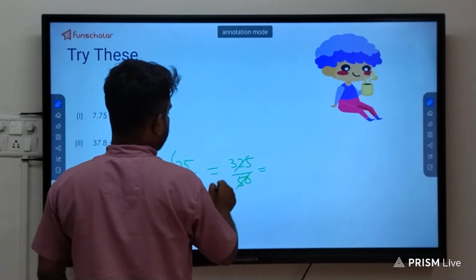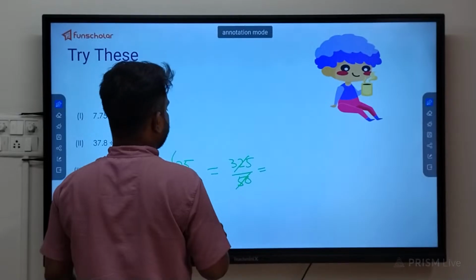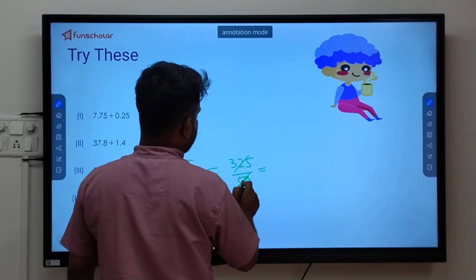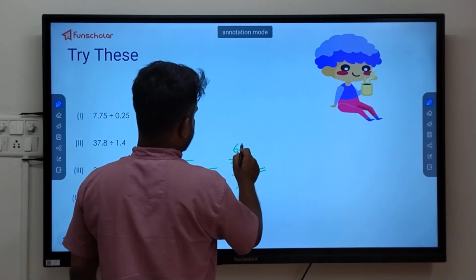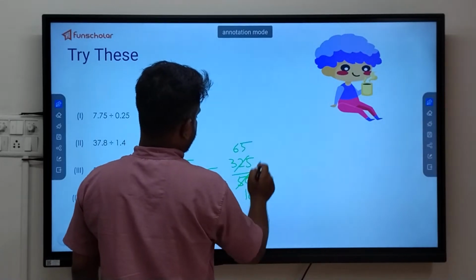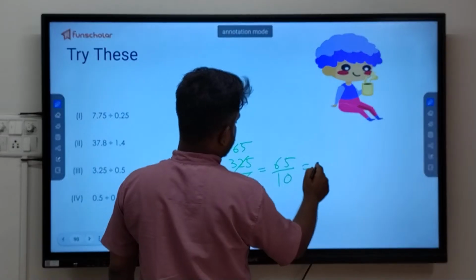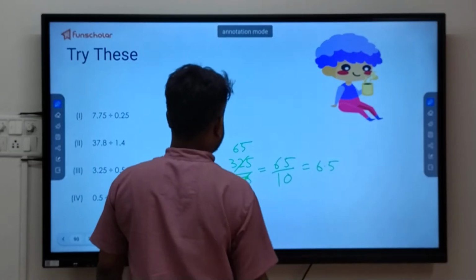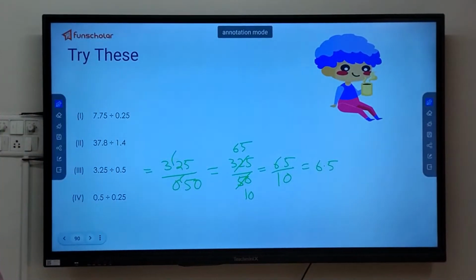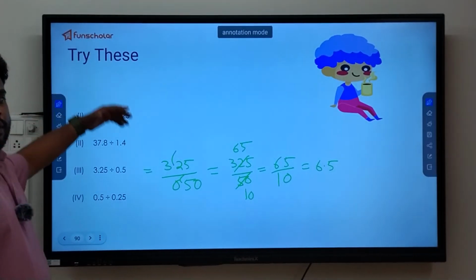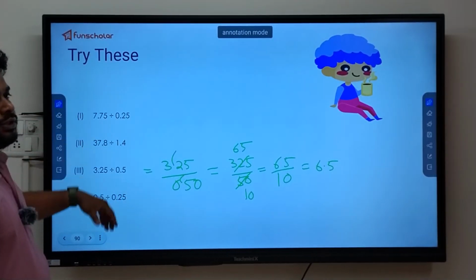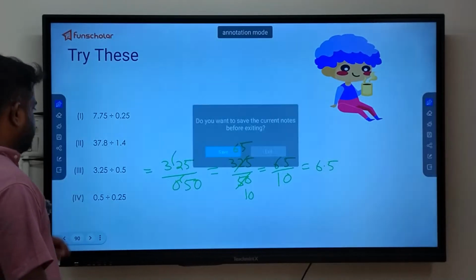So if we cancel it by dividing it with 5, the answer will be 10 and 65 by 10. So the answer will be 6.5. Okay, you can try with the rest of the questions just like this.